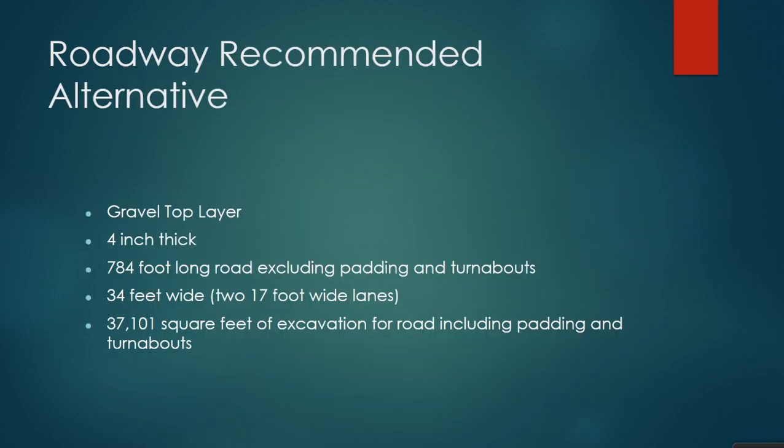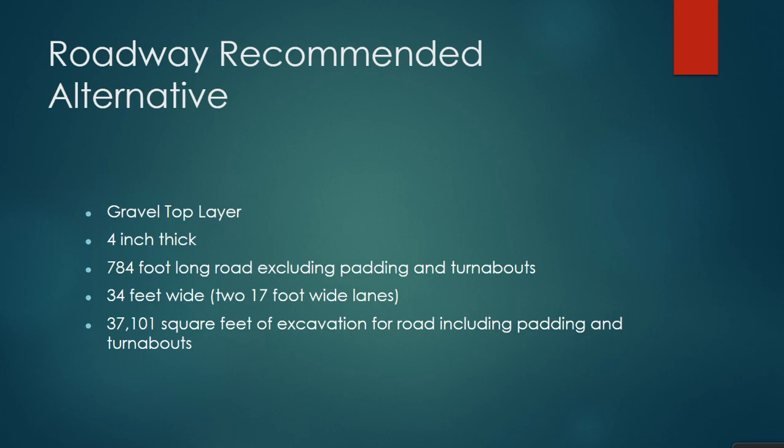So for the roadway, we are using a gravel road. We decided to have a gravel road due to our budget constraint. However, we're going to have a 4-inch gravel road, and the total length of the road is going to be 780 feet long. The square area of our road, including the padding and turnabout, is going to be 37,101 square feet.